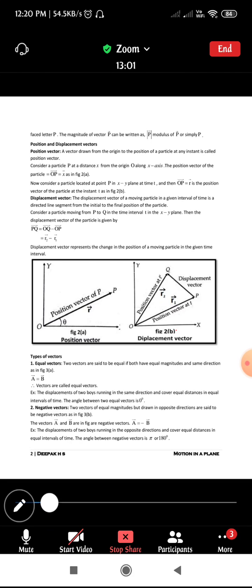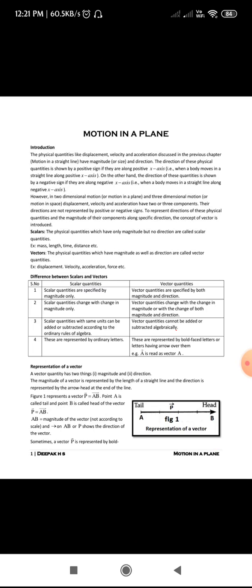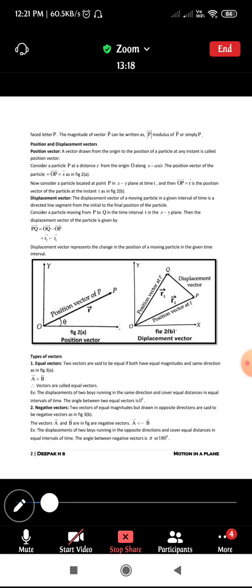Okay, fine. Coming to the vector representation, as I said, the magnitude of a vector can be represented by the modulus. See here in the previous figure, P represents a vector, right?